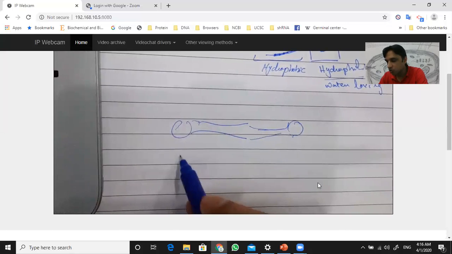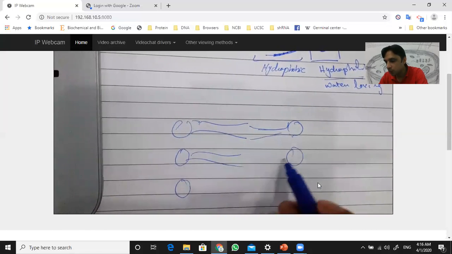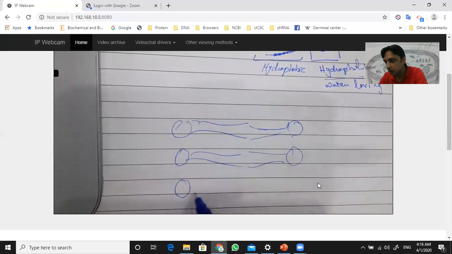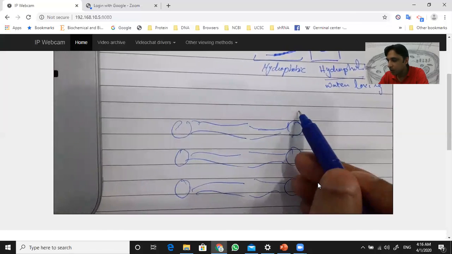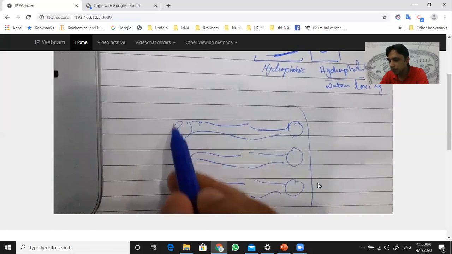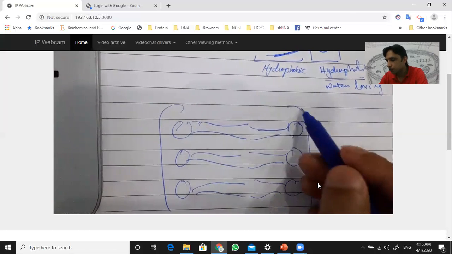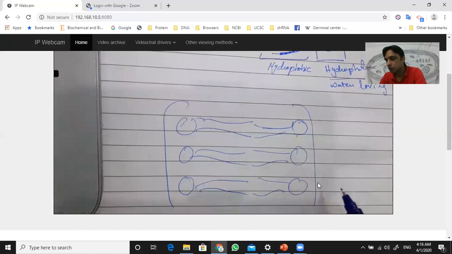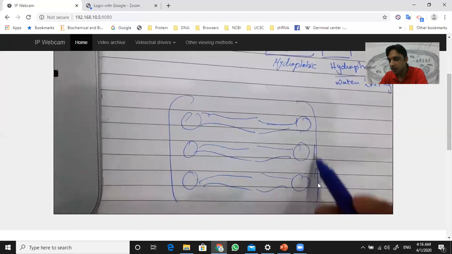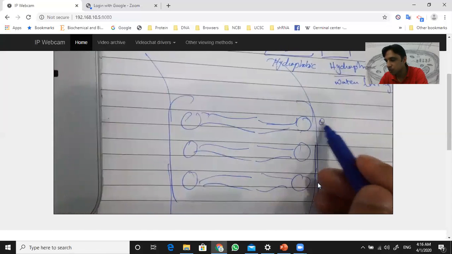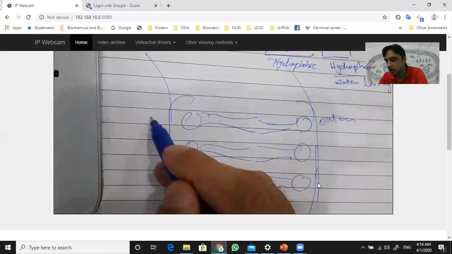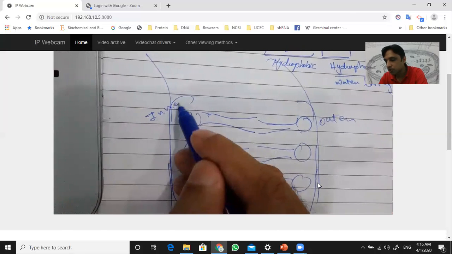So the lipid molecules arrange in two layers with their hydrophobic tails attracting each other, making a double layer, while the hydrophilic ends are present in the periphery, outside. For example, if this is the cell, then this is the outer boundary of the cell, the outer side, and this is the inner side of the cell.